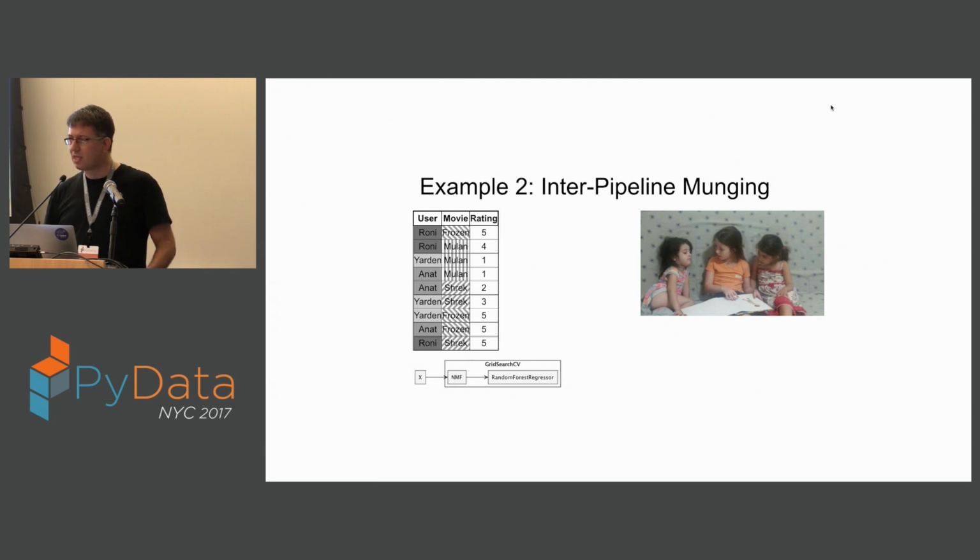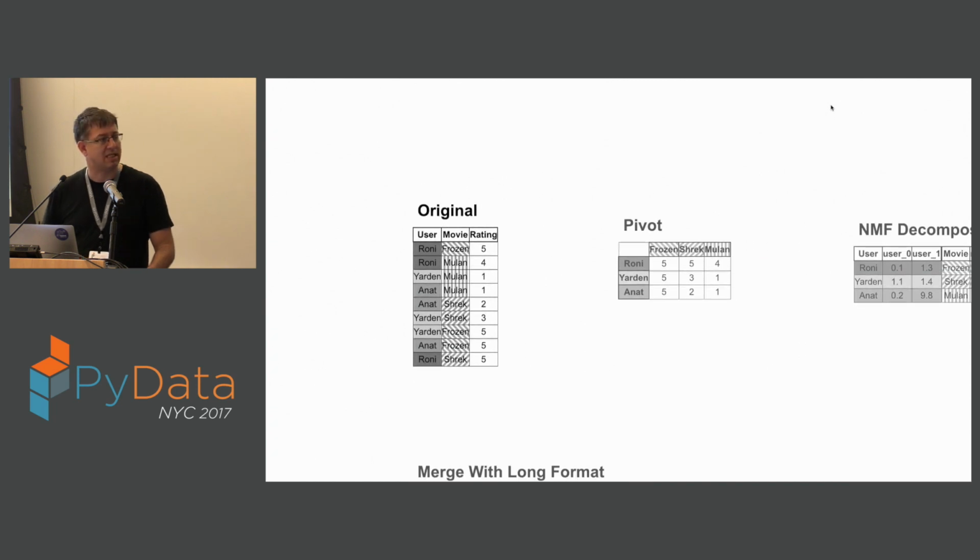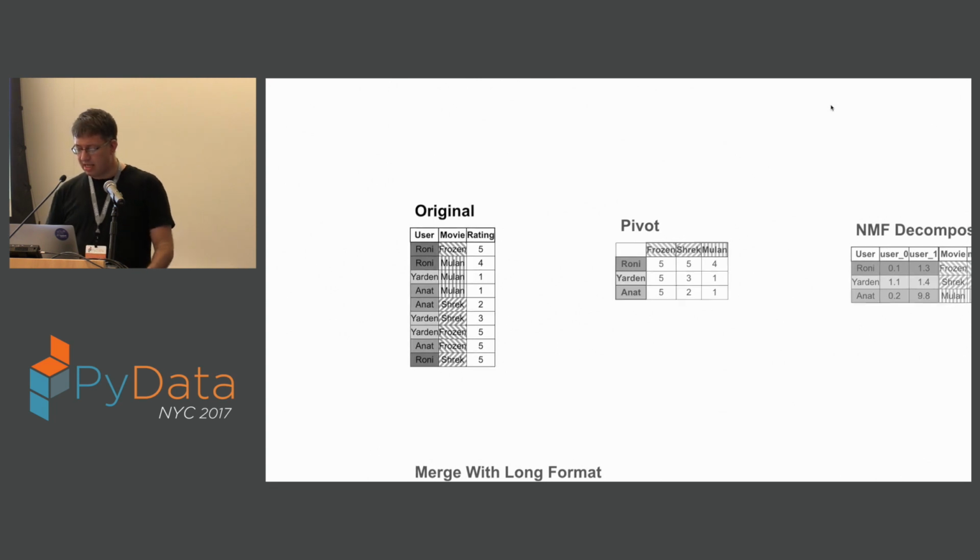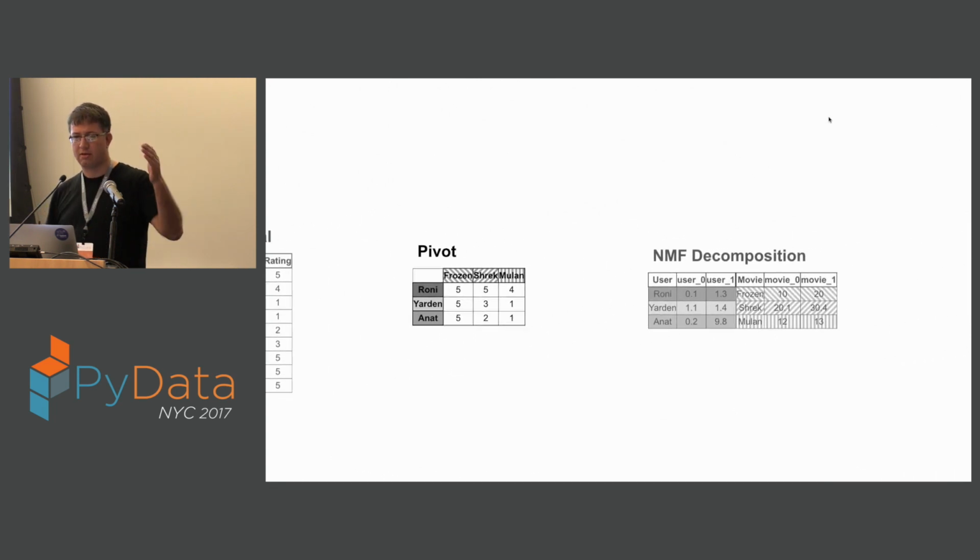Scikit-Learn is an excellent library, and it gives us a step that performs NMF. But the problem is that this matrix is not in the form where we can apply the NMF directly. So what we need to do is as follows. We take the original matrix, which has a column per user, a column per movie, and a column per rating. And then we need to pivot it so that the rows are users and the columns are the movies, right? And once we've done that, only then can we feed it into the NMF step.